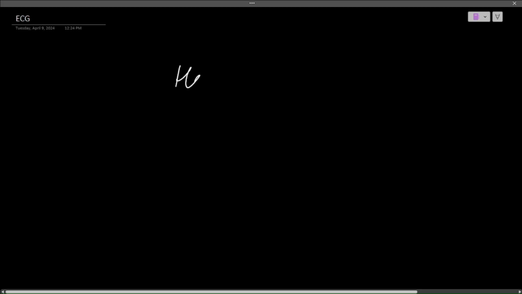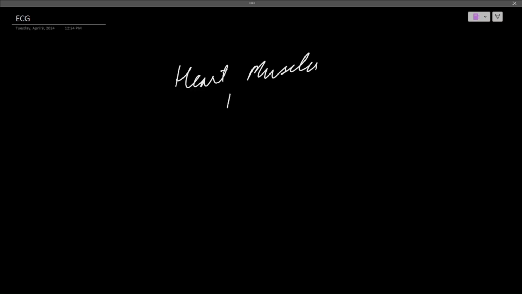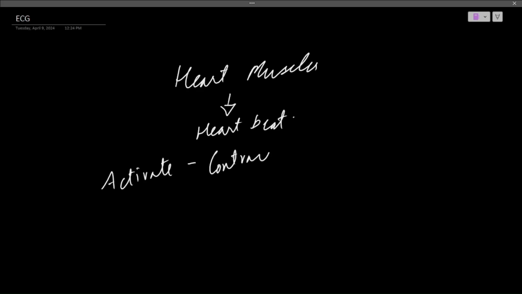You have the heart muscles, which produce your heartbeat. And how do we go about it? Firstly, we have the activation phase where the muscle is activated, which leads to contraction.